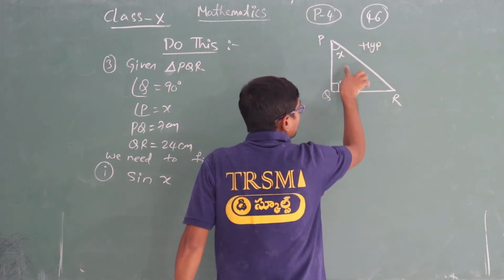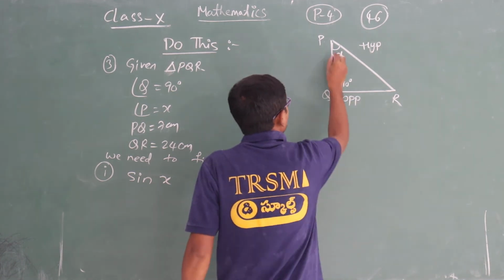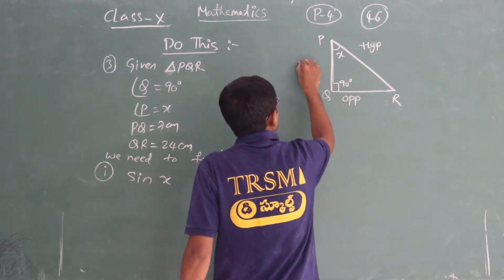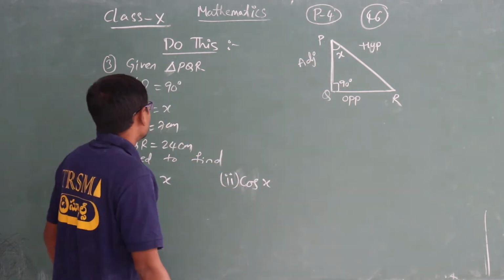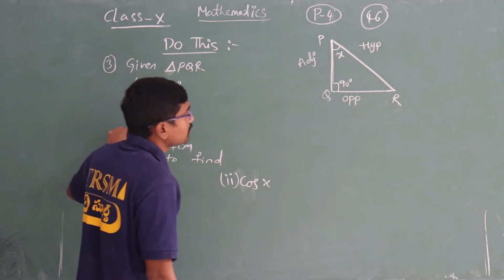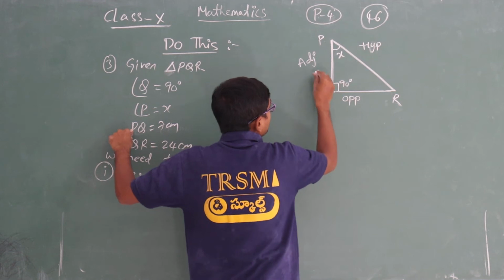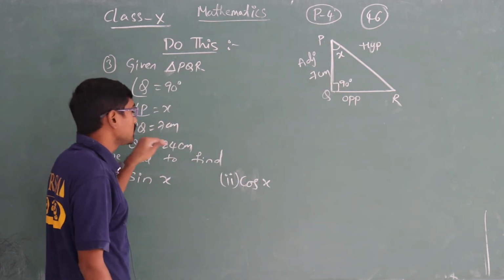Opposite to the given acute angle, this side is the opposite side, and the side adjacent to it is the adjacent side, isn't it? Now the values he has given: PQ is equal to 7 centimeters, the adjacent side.